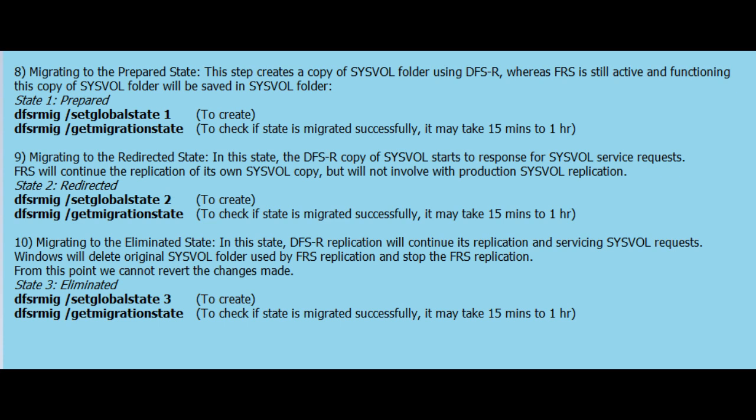State 3, Eliminated. Command is dfsrmig /setglobalstate 3. To check, the command is dfsrmig /getmigrationstate. To check if the state is migrated successfully, it may take 15 minutes to 1 hour.